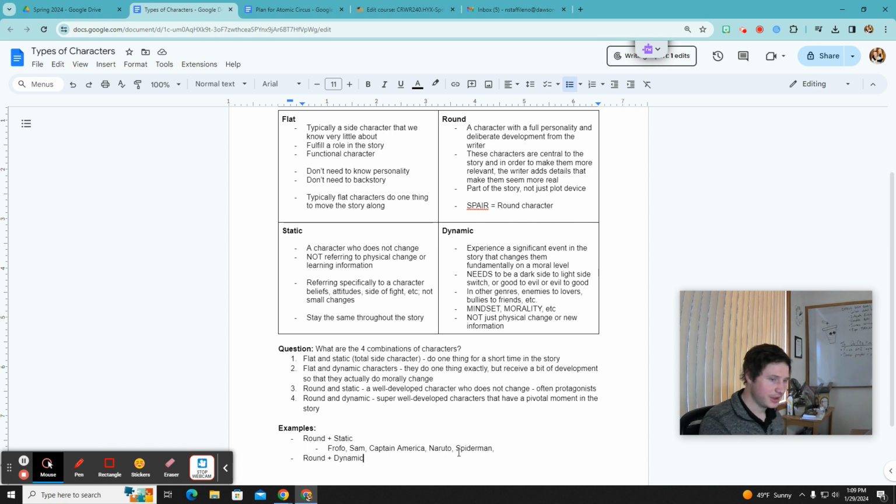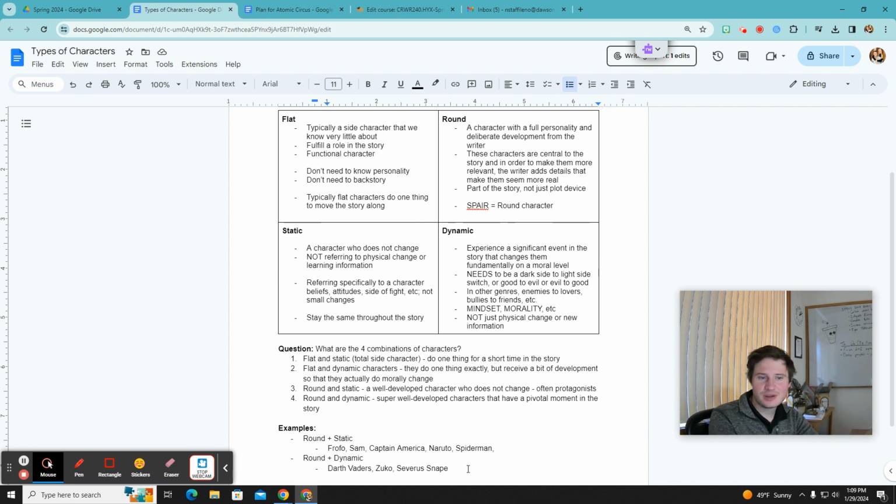Round and dynamic. Let me go a few here. This is where we get our Darth Vaders. This is where we get our Zukos. This is where we get, with some other really popular media stories, our Severus Snape, which you might argue was static because he was always a certain way. He just portrayed himself as evil, but he was always good.